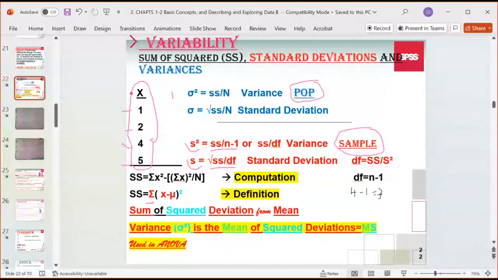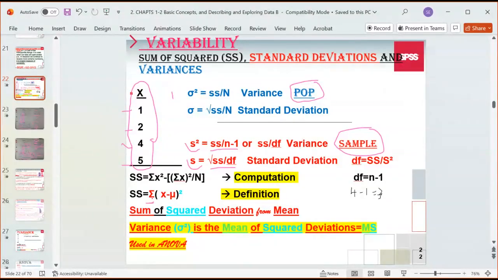If you look on top where it says definition, I wrote sum of the squared deviations from the mean. At the bottom, I have the word sum, S-U-M.